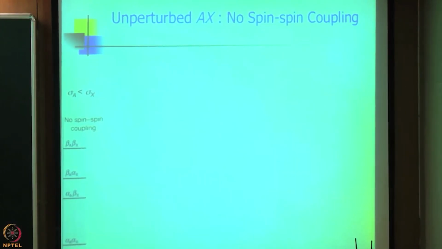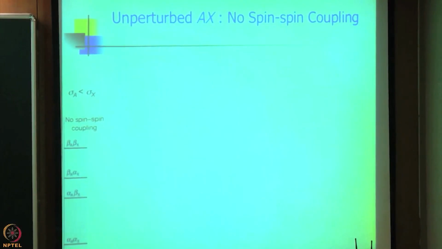Now, if we take an unperturbed system, I hope it is not very difficult to understand that this is going to be the sequence of energies. We said that in presence of a magnetic field, alpha has lower energy, beta has higher energy. So, what is the most favorable situation? Both A and X have alpha spin.